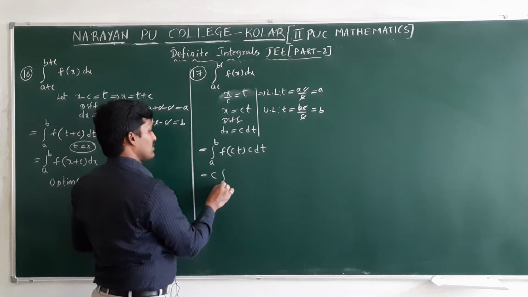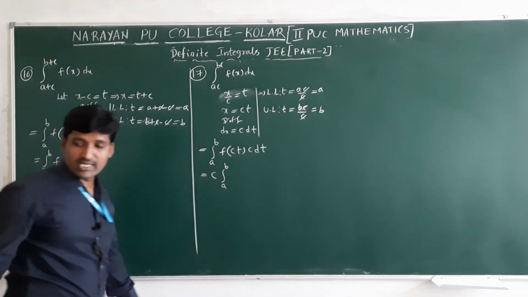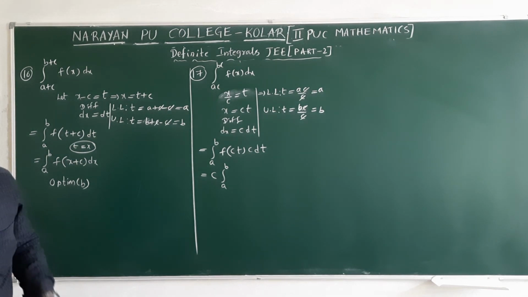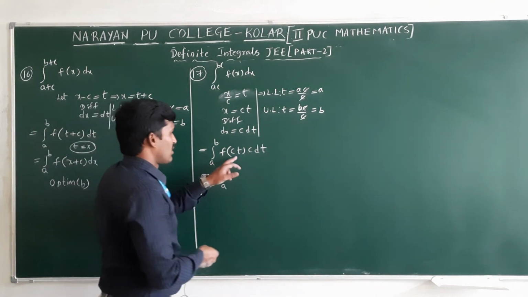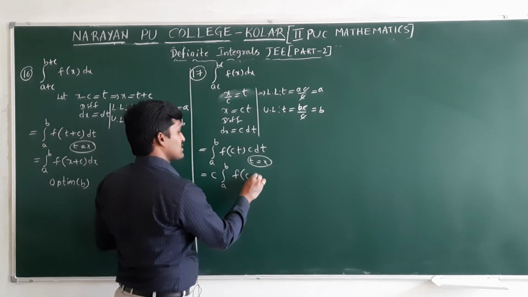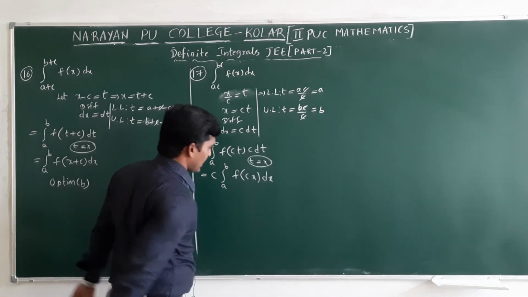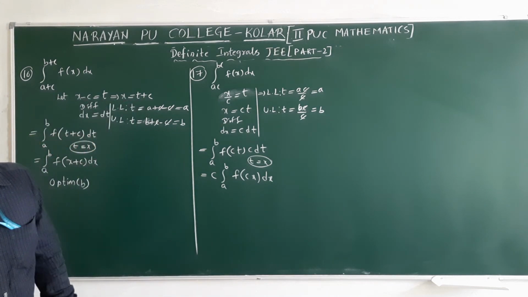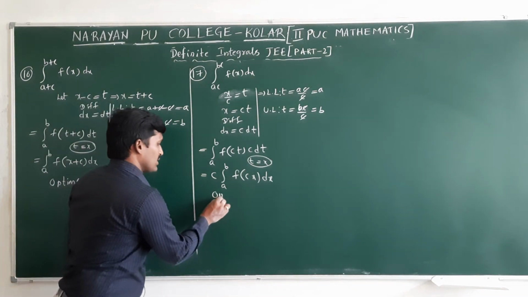Now c common, integral a to b. Now they converted in which form? We observe once, just replacing again the same notation. Now t value substitute with x. So what will we get? f of cx, dt we are taking as dx. That is option A, the correct one.